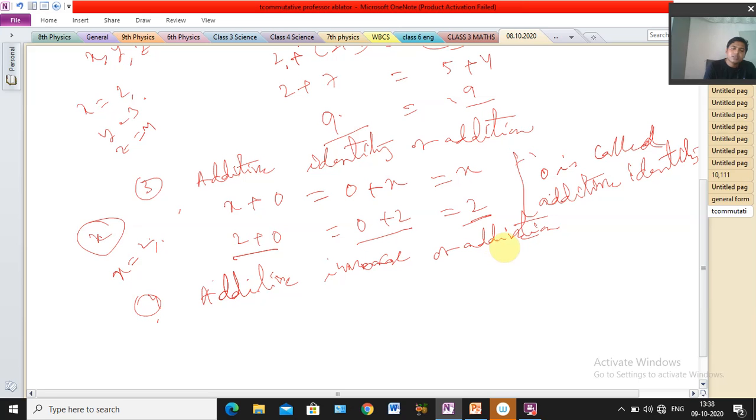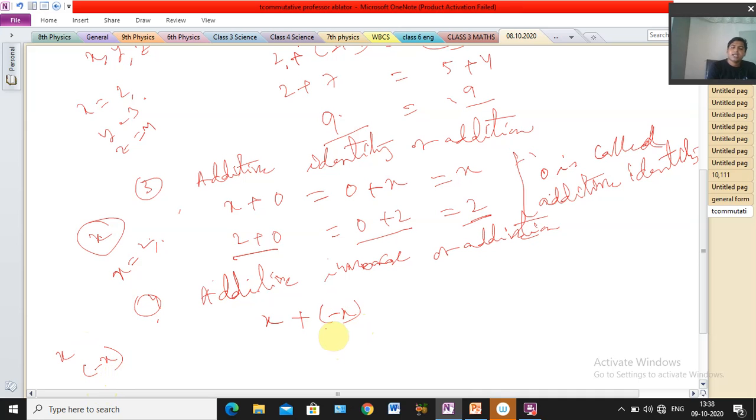See, if we take one variable x, so we are taking x plus its inverse. The inverse of this x will be what, sir? The inverse of x is minus x. So we will take minus x.